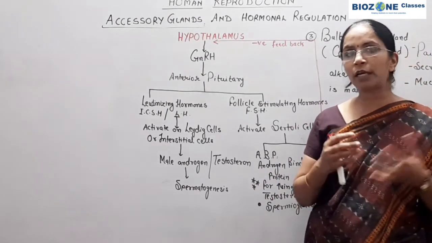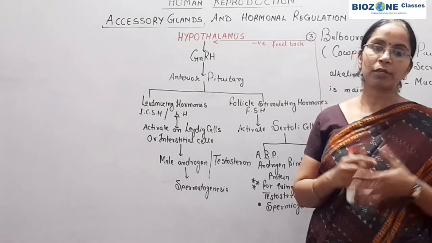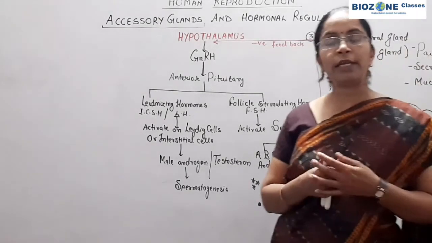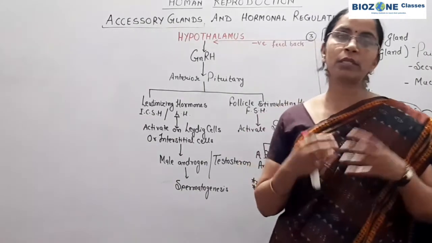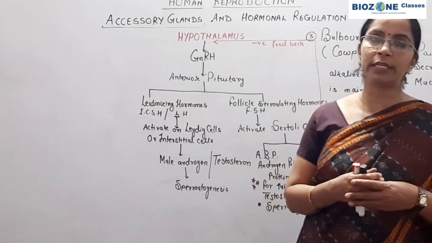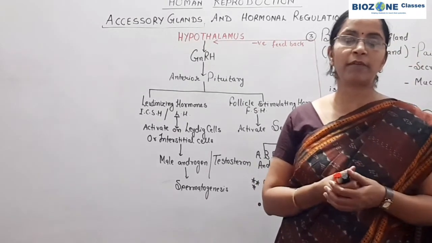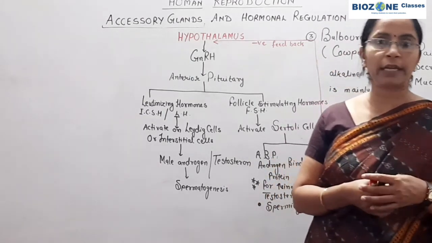First we discuss the structure of the female reproductive system, and predominantly the structure of the ovary, because the entire process of oogenesis deals with the various layers of the ovary. So that we will discuss in our next session.